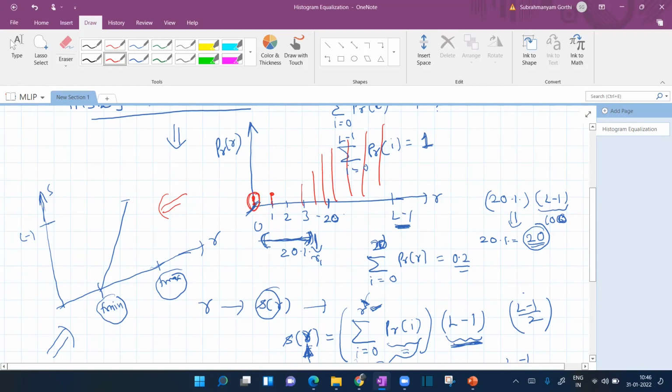Then even if a single pixel has zero intensity, this will not get stretched, it will remain the same. But after all, just 1 or 2 pixels have this intensity. So rather than just looking at minimum and maximum, why not look at the proportion of total pixels and accordingly distribute my histogram? That's the idea of histogram equalization.